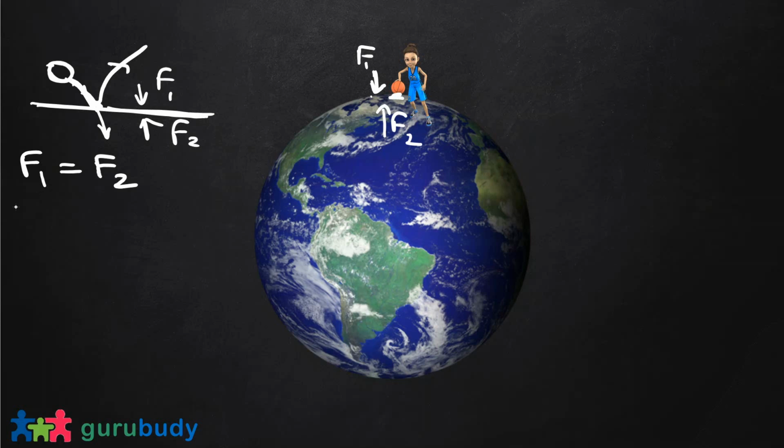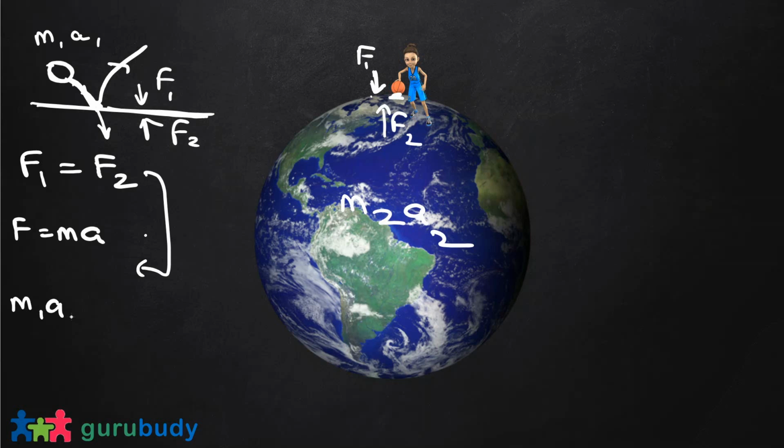So let's say the mass of the ball is m1 and its acceleration is a1, and the earth has mass m2 and acceleration a2. We know force is mass times acceleration, so we can write m1 a1 equals m2 a2.